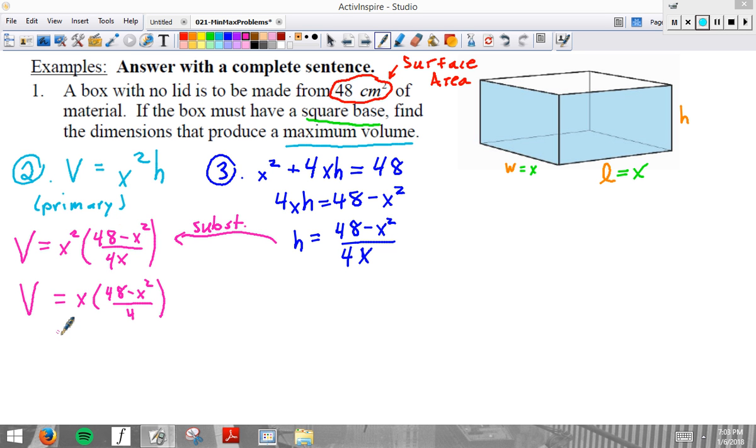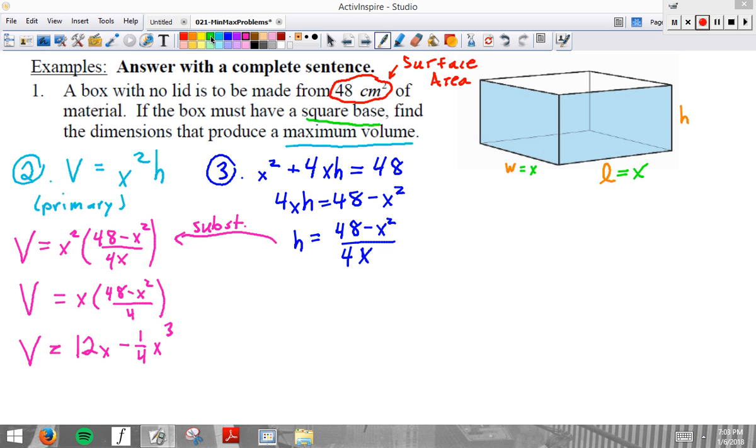We can further simplify it by basically dividing each of these by 4 and distributing to get 12x, that's 48 divided by 4 times x, minus 1/4 x cubed. And that's the end of step 3, believe it or not. Step 4 is about finding the domain.